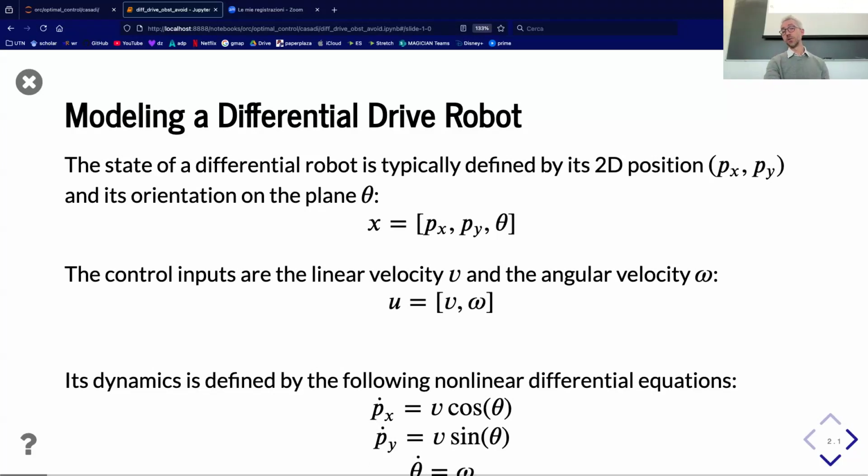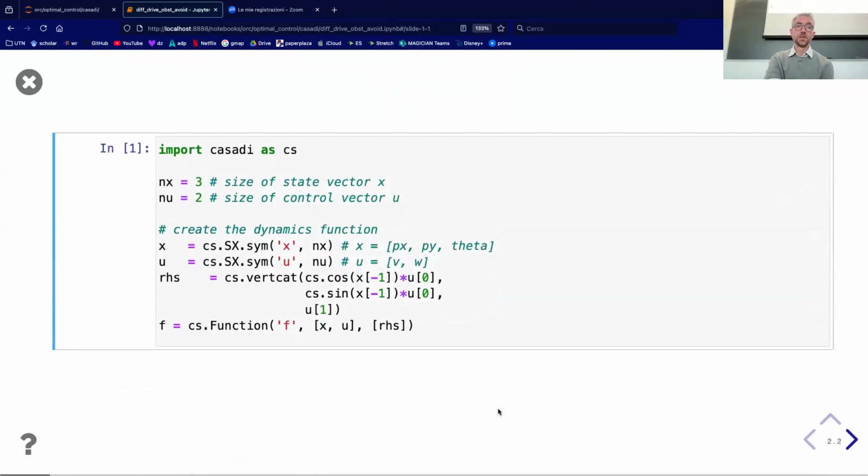And the angular velocity is directly equal to the control input omega. So we can write this dynamics in Casadi using this code. It's just code for the expressions that we covered a moment ago.